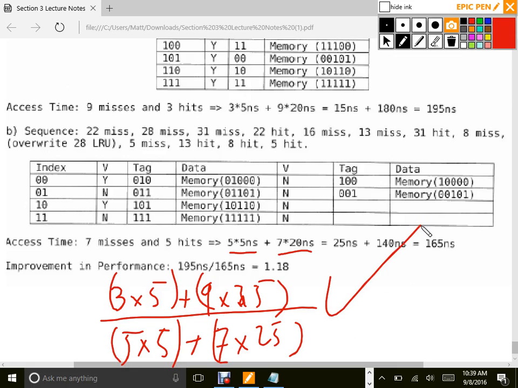Is the two-way associative method always going to be faster than the direct mapped? Almost always. Unless I get really, because the only difference is you see how the index is 0, 0.